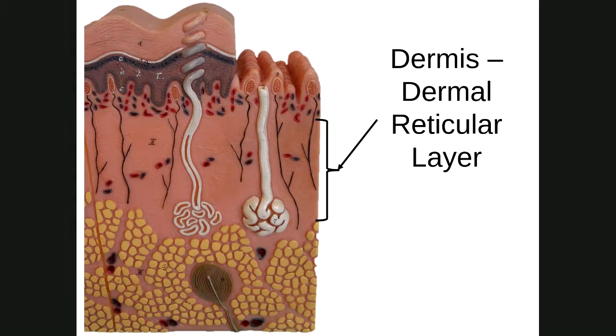You want to know this because I've seen it asked on the test. The connective tissue that is abundant in this layer is dense, irregular connective tissue. So dense, irregular connective tissue is the predominant type of connective tissue found in the reticular layer.